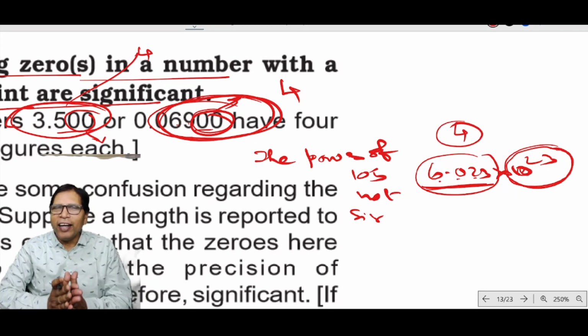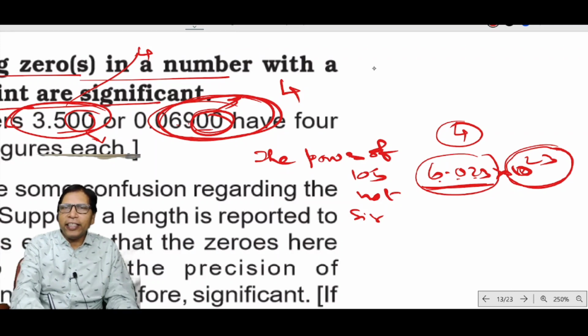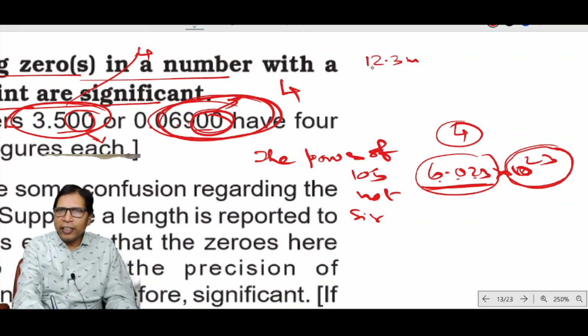No problem. If the unit changes, the number of significant figures remains the same. Look at this: here 1.23 meter has 3 significant figures. Now, if it is converted into centimeter, it can be written as 1.23 into 10 to the power 2 centimeter.